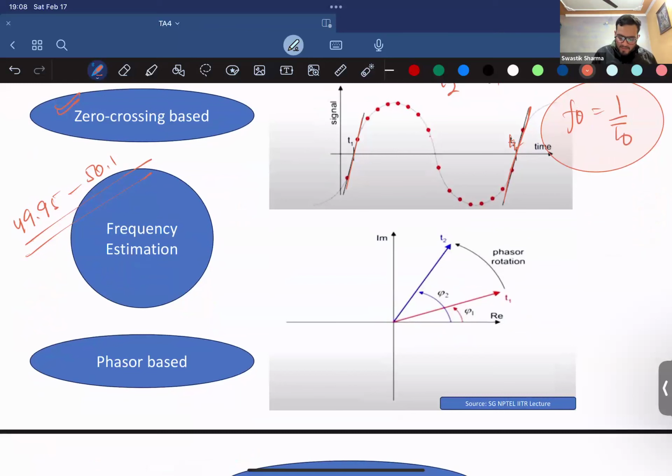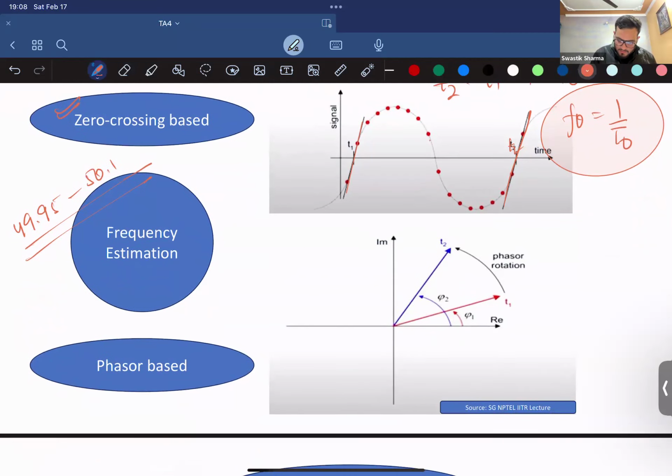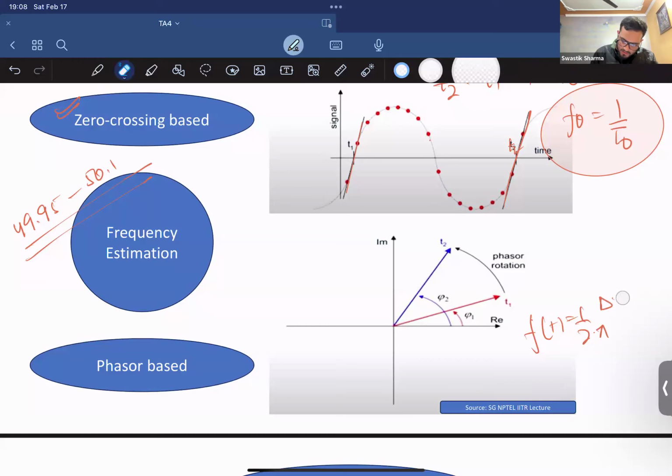Also, you can use phasors. Phasors are rotating, right? When they rotate, their phase angle increases and decreases in real time. So you can check the rotation of the phase angle, which would be something like, sorry, I wrote it wrong. The frequency would be 1 upon 2 pi, delta phi by delta t.